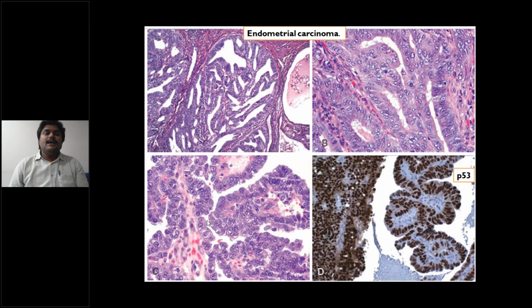And if this is a case of serous carcinoma, you can see papillary tufts with nuclear atypia, and this is because of the P53 mutation. Because of this mutation, there is a serous carcinoma. The mutant P53 can be detected by using immunohistochemistry.